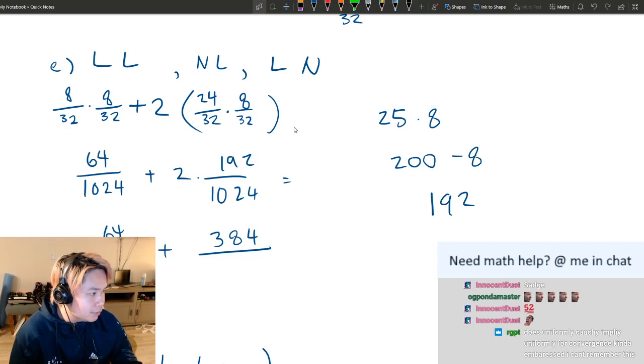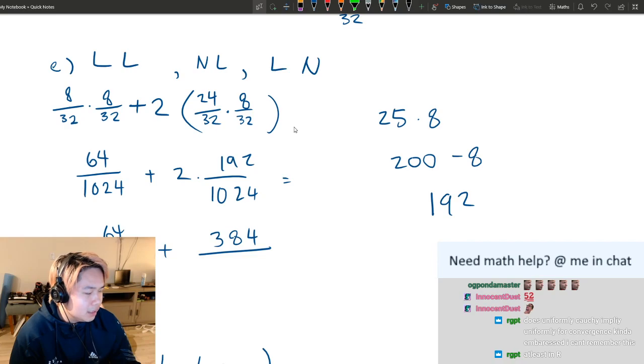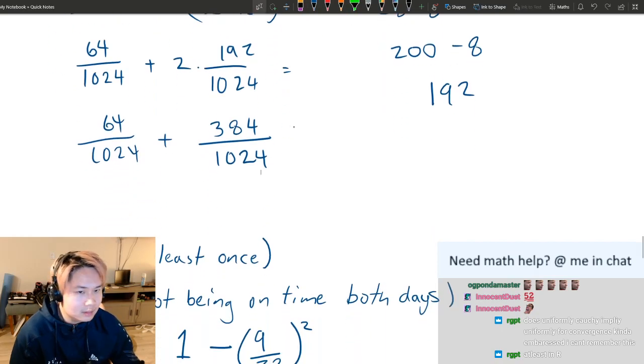Does uniformly Cauchy imply uniform convergence? Kinda embarrassed, can't remember. I feel like it does. But I wouldn't trust my word on it.